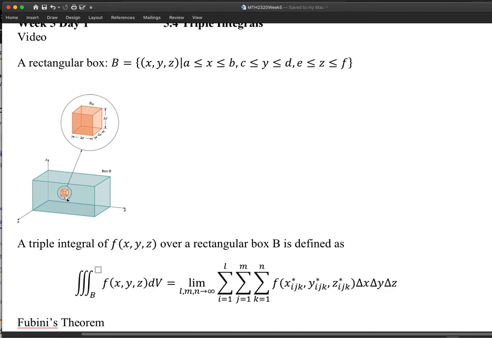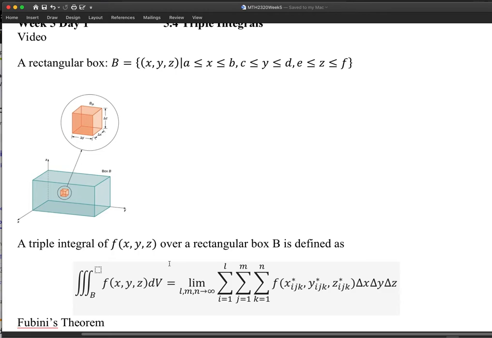We have many cubes along the x direction, y direction, and z direction. When we add all of them together, we get the total mass of the entire rectangular box. I use the sigma notation to denote this, and indeed this is a Riemann sum, which some people call a triple Riemann sum.